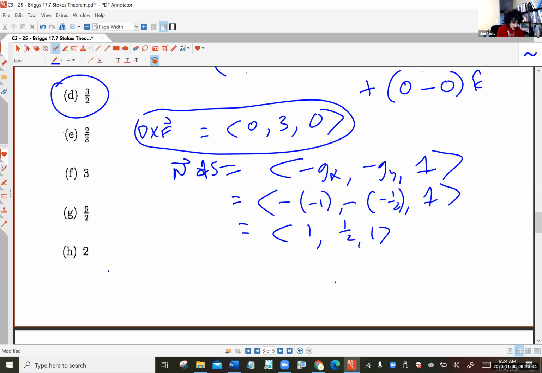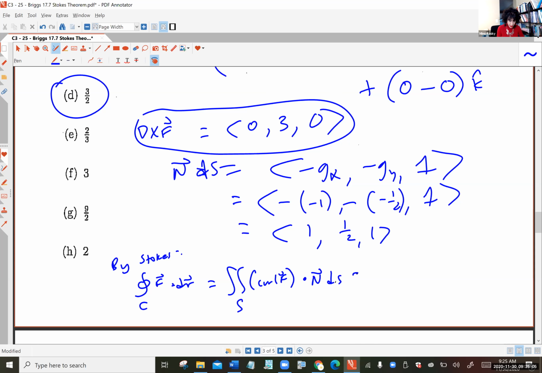And now by Stokes, you can say the following has to be true: that this line integral, which we don't have to do because we now know Stokes, you can turn that into a surface integral, and you're going to take the curl of F dot product with the n dS.